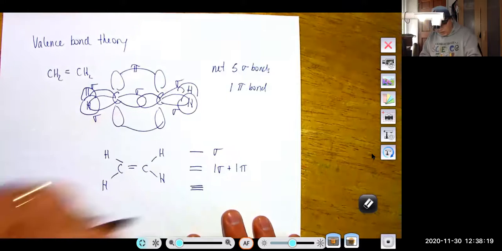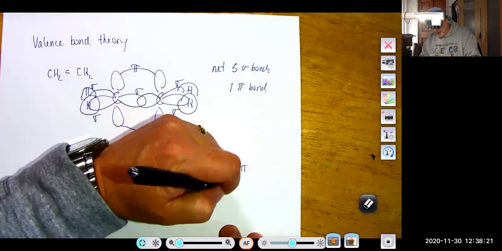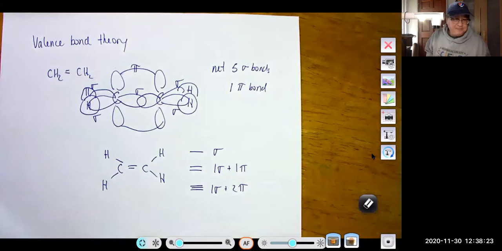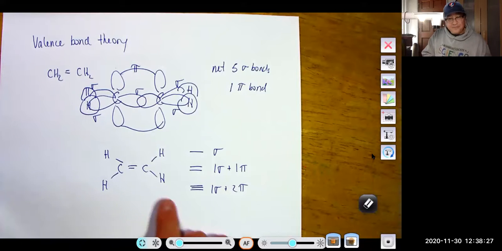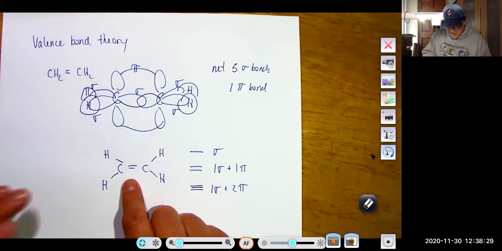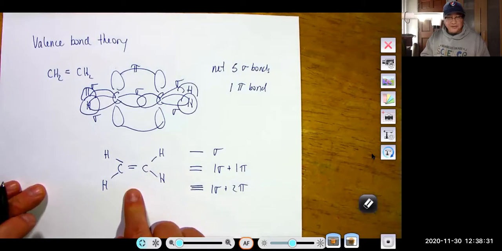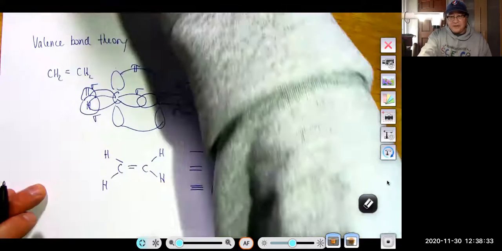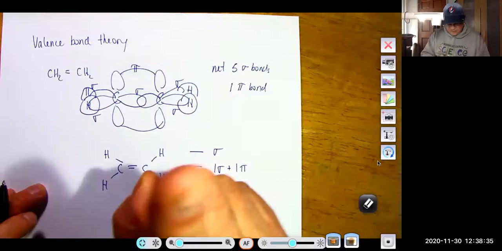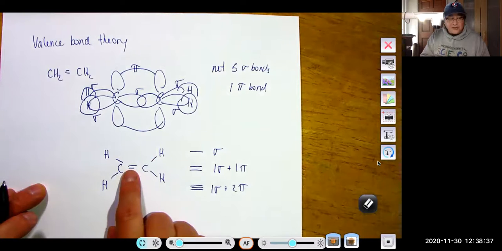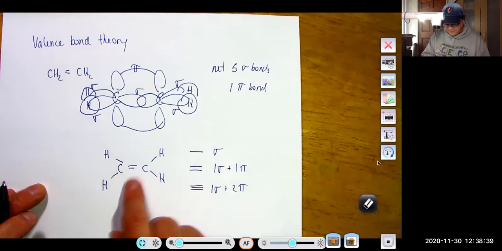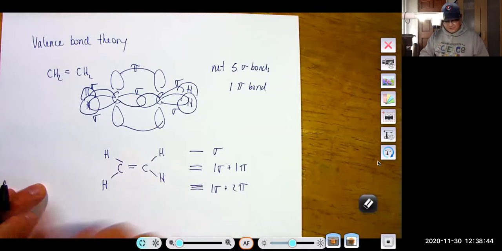Triple bonds are 1 sigma and 2 pi. That's the way it always is. Are you guys clear on that? So here, how many pi bonds? The answer is 1. So if one of these is a pi bond, what's the other? The other is a sigma. So sigma, sigma, sigma, sigma, sigma, 5 sigmas.